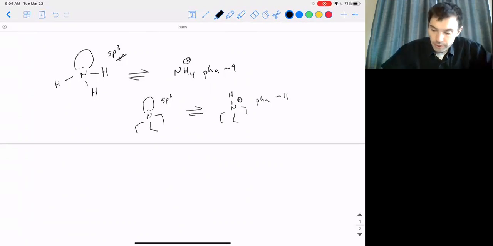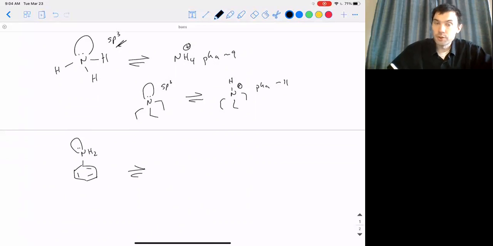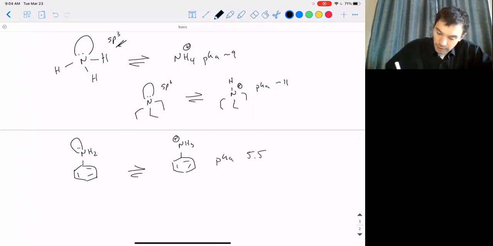And so a very classic example of that is looking at the base aniline. Aniline now still has this lone pair, but of course we can draw resonance structures where that nitrogen lone pair is delocalized into the benzene ring. And because of that, anilinium, the protonated form of aniline, has a pKa only of about 5.5.